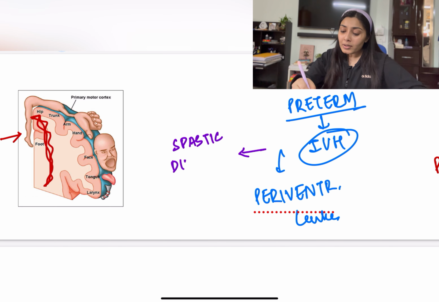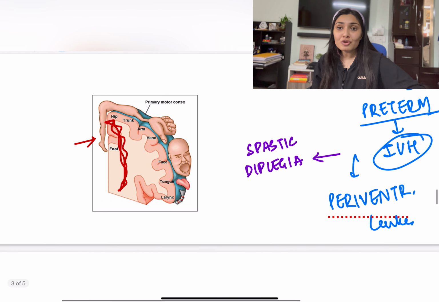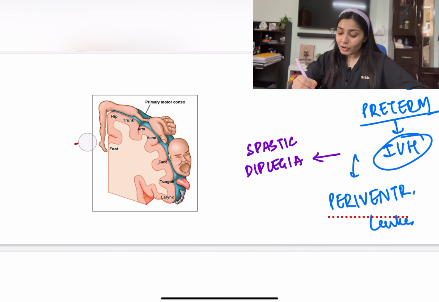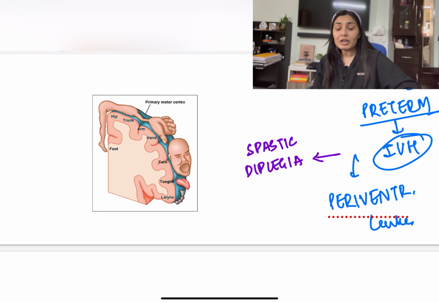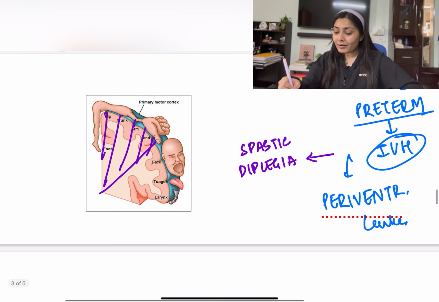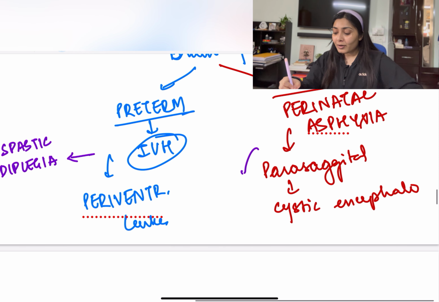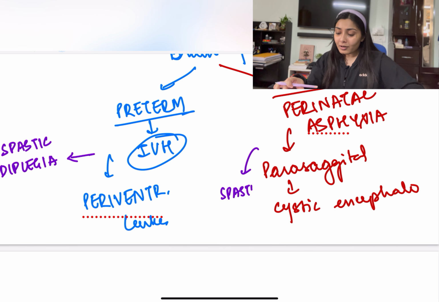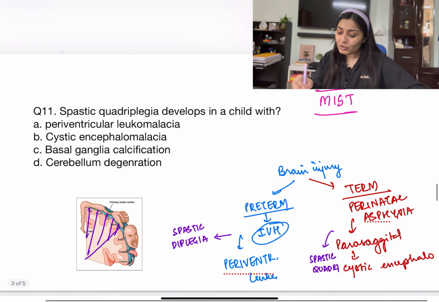On the other hand, if we talk about term babies with the parasagittal infarction, my parasagittal area would be affected. That means both my lower limbs as well as upper limbs would be affected. So my term babies are going to have spastic quadriplegia, right? So they were asking about spastic quadriplegia, that is seen as cystic encephalomalacia.